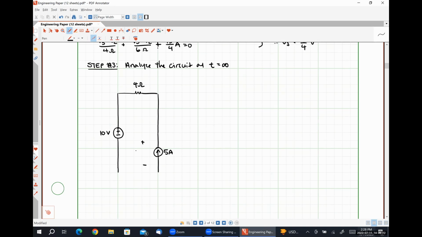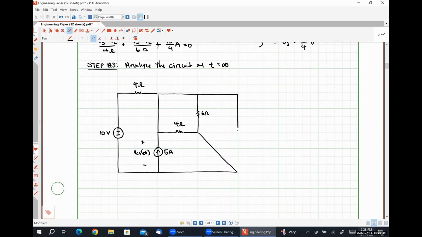This is VCS at infinity. Our 4-ohm resistor, short circuit, 6-ohm resistor. This short circuit here represents our inductor at t equal to infinity. And then we have our 12-ohm resistor over here.